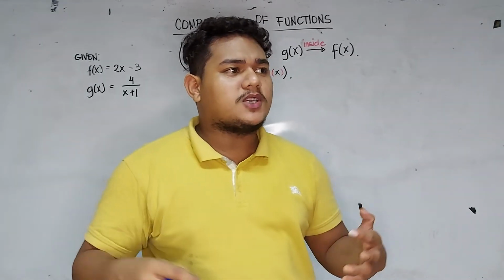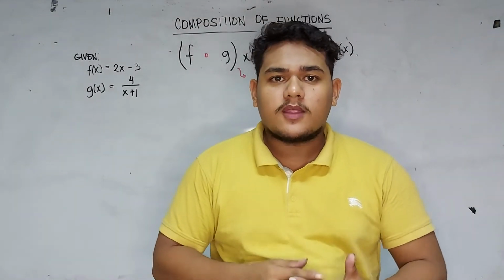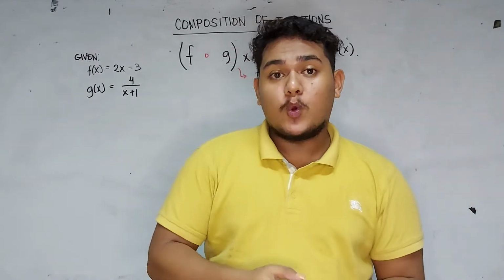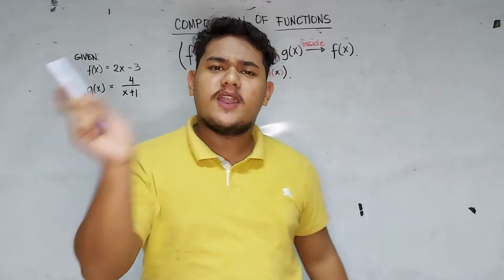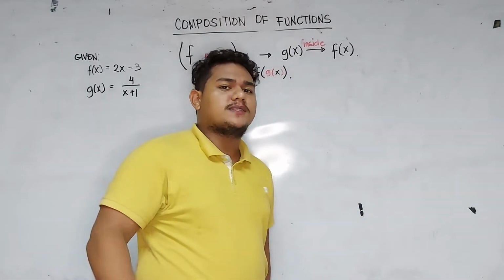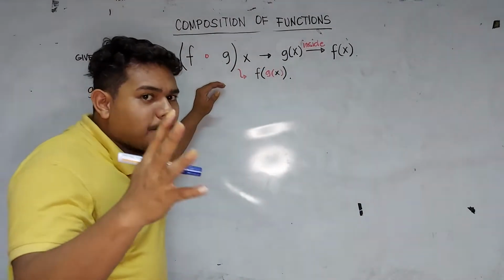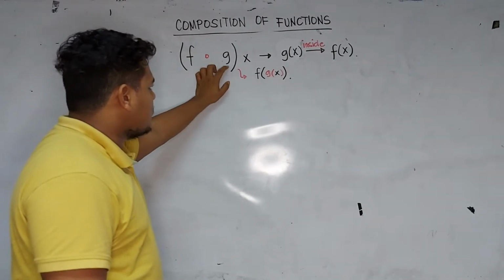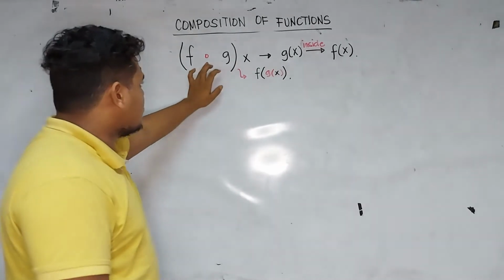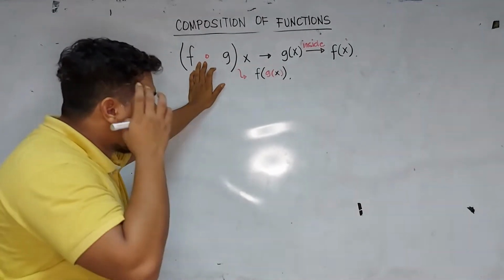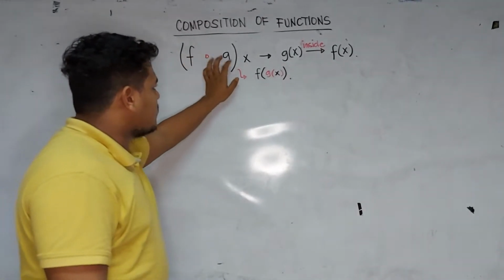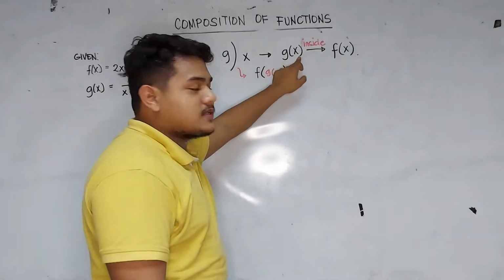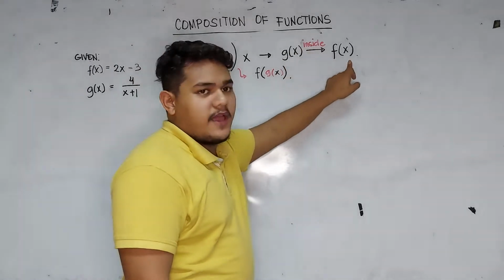So when we talk about composition of functions, we are talking about what value of a certain function will be composed into another function. For example, the concept of composition of function states that f composed of g of x. How do you read this? It's read as f composed of g of x, which is just equal to saying that g of x should be inside f of x.